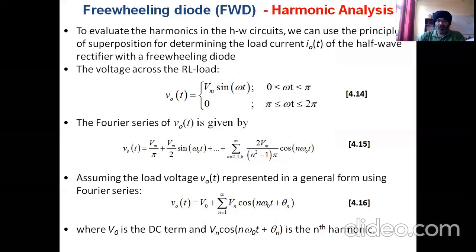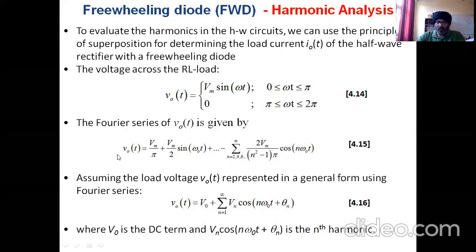When we want to calculate the load current for an RL load, a pure resistive load is very simple, not a problem. But if we have inductance present, then harmonics start to come into the picture.